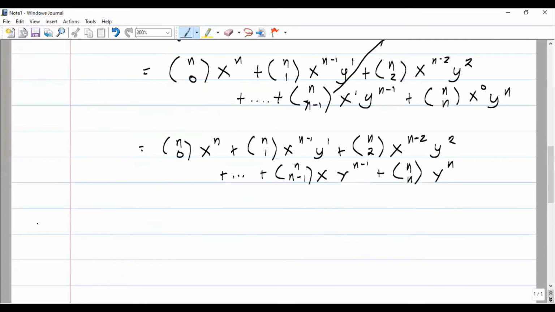Okay, so we can also determine our coefficient here, even if we don't provide all the terms in the given expanded form. Okay, for example, expand x plus y raised to the fifth power.